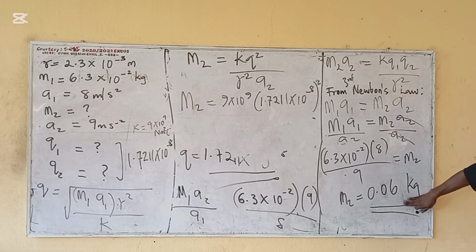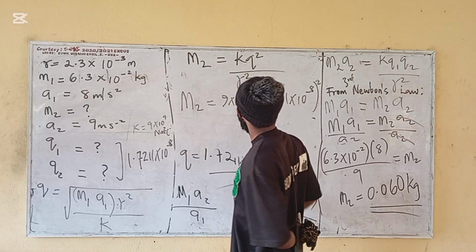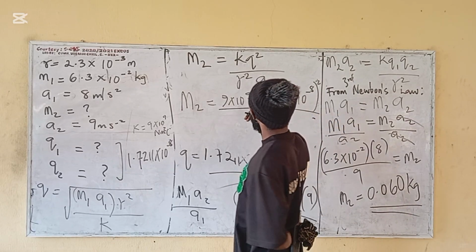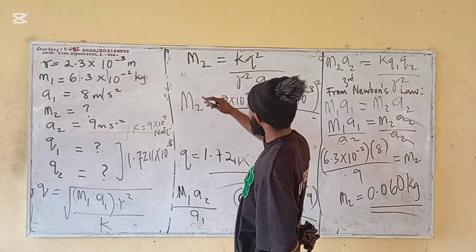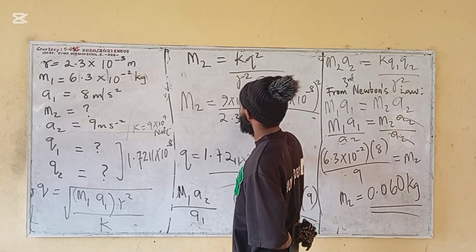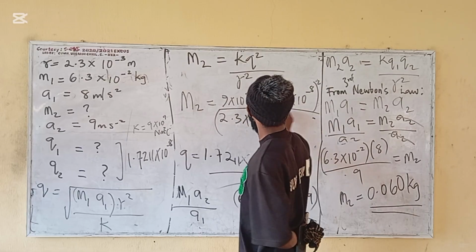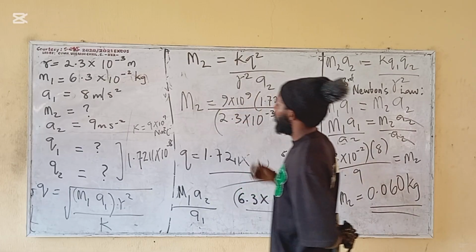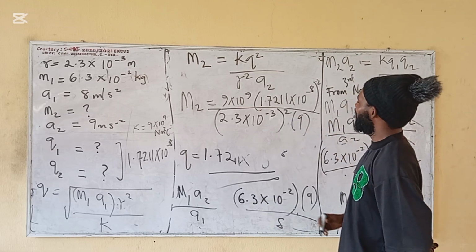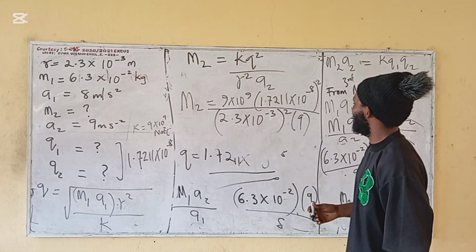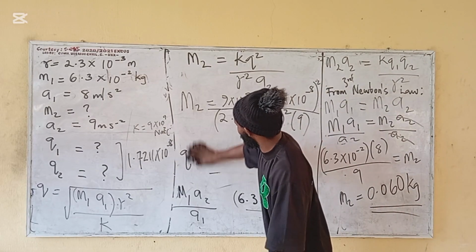Okay, but I want us to test something. So let me abandon this loop that I have here. Let's just do something. So I have R squared, 2.3 times 10 raised to minus 3, squared. Then I have my A2. Let's see what you have.